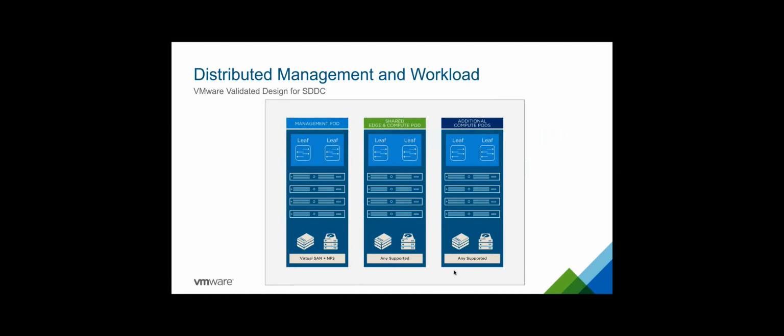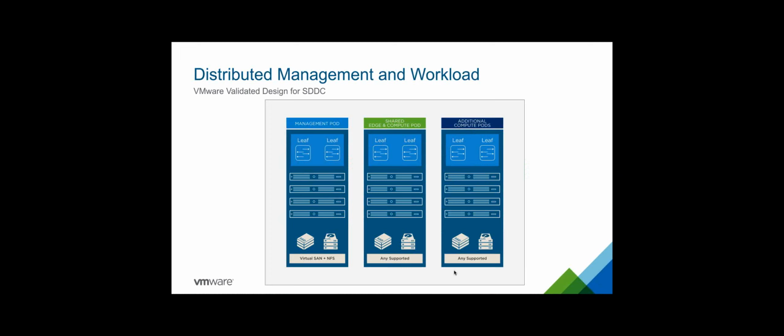What it kind of looks like in the VBD, we'll call it a two-pod design. If you look at our design objectives, it's called a two-pod design. So as you're staring at the screen here, just imagine that the one on the right side doesn't exist right now, but we have this concept of the management pod, and the management pod is where we deploy and instantiate the SDDC. Think of this as a management cluster.